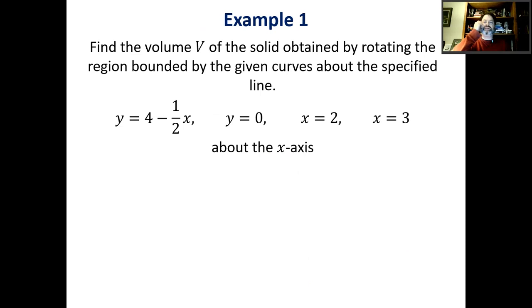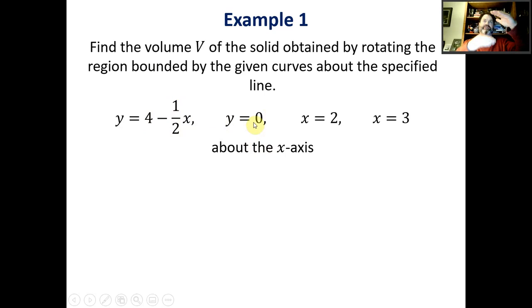All right, so let's do an example. Let me break down all the steps, right? I just walked you through the process in the previous few slides. Find the volume V of the solid obtained by rotating the region bounded by the given curves around the specified line. So here's the curve, 4 minus 1/2 x. y equals 0 is the x-axis, and we're rotating around the x-axis.